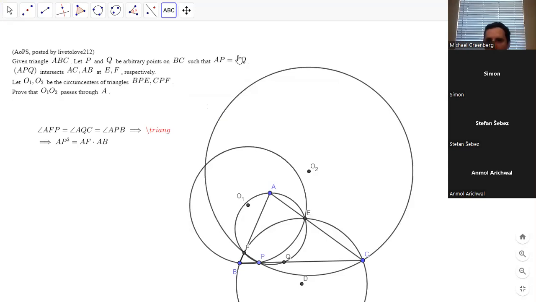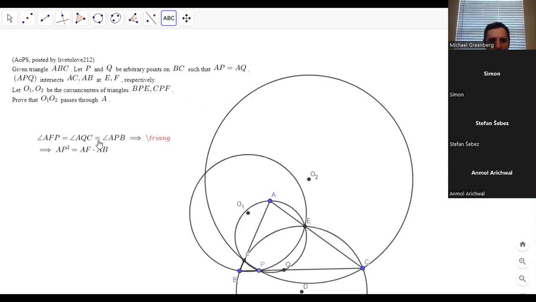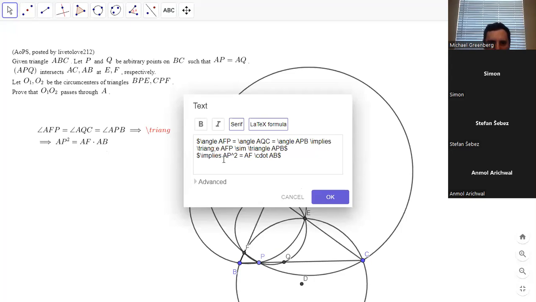Let's check the chat. Yeah, that was a nice one. So where did I go wrong here? And then we have similarly AQ squared, which is equal to AP squared, is equal to AE times AC.